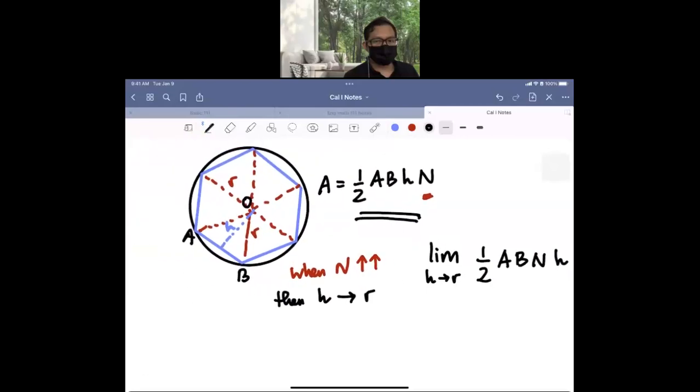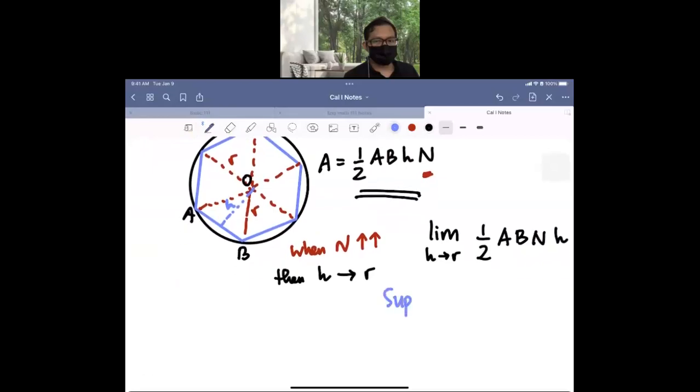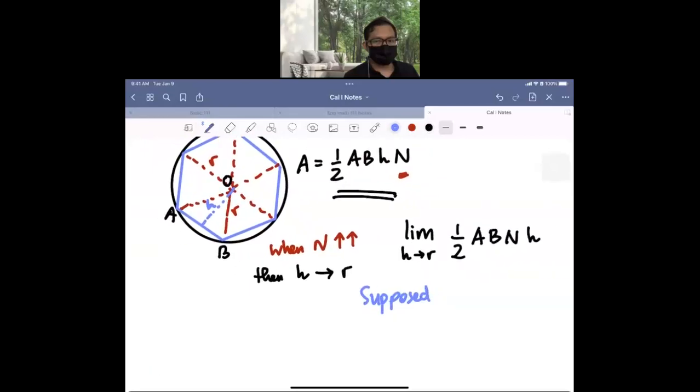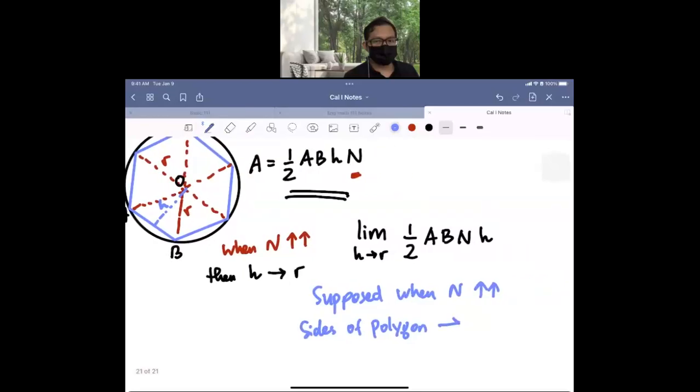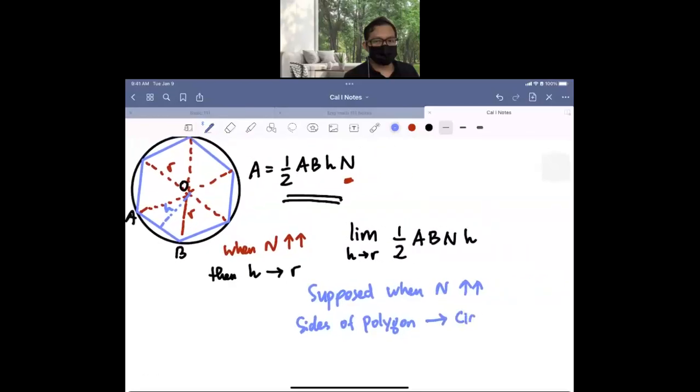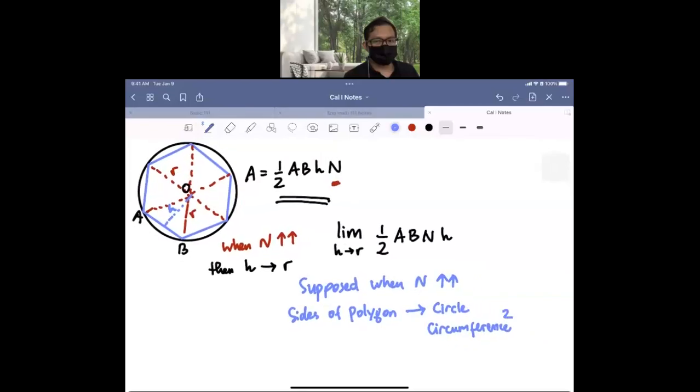Now suppose, when n is increasing, the sides of the polygon will be getting closer to the circle circumference, right? Which is equal to, let's say, 2 pi r. This is just to show you that we can also get something here.